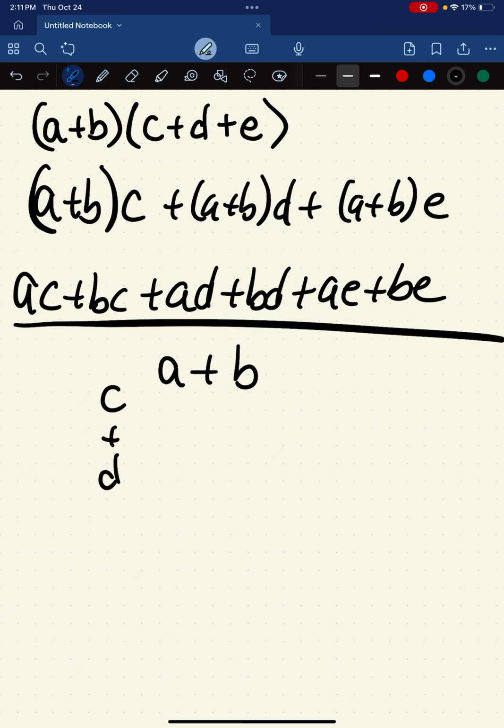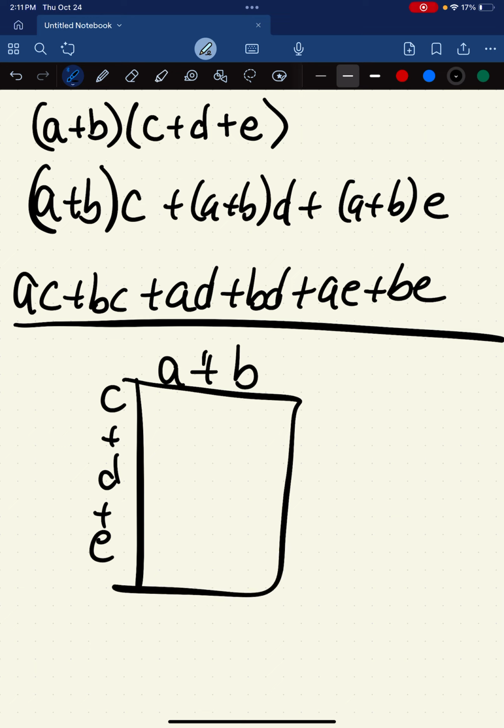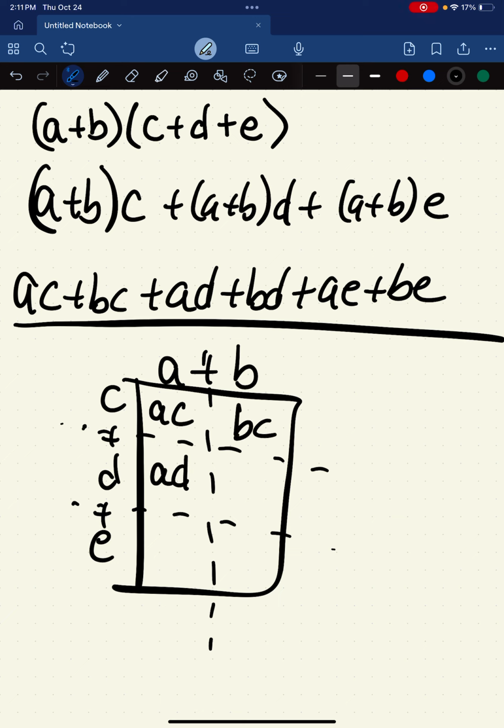We'll do a plus b on top, and we'll do c plus d plus e along the side. A times c is ac, b times c is bc, a times d is ad, b times d is bd, a times e is ae, b times e is be.